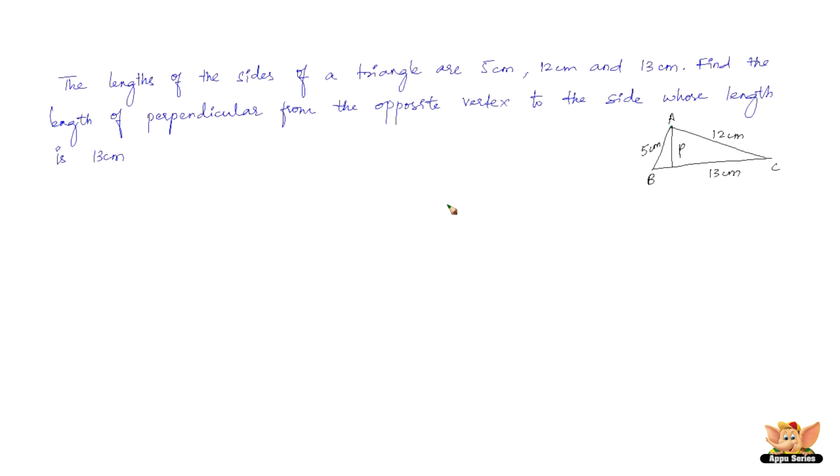Now we know that there is another formula to find the area of the triangle when you have the height. So the height is length P. We don't know what that length is. So therefore we've got a formula called half into base into height. So we can use that formula and equate the area that we found. So the unknown will be the height there. Therefore from that equation we can easily find the value of P.